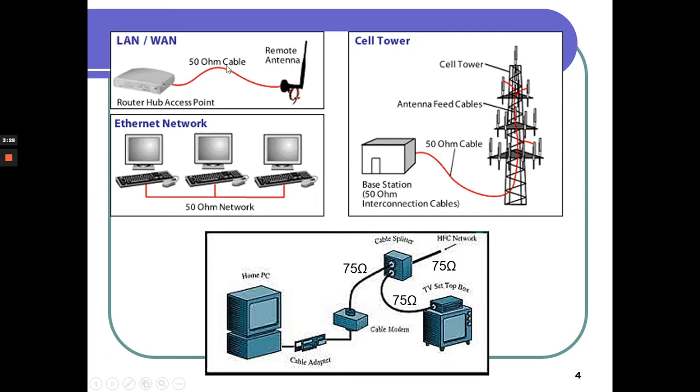And in the WAN and LAN, local area network or wireless area network, or Ethernets, where the computer is connected, intranet also, the 50 ohm cable lines are there.